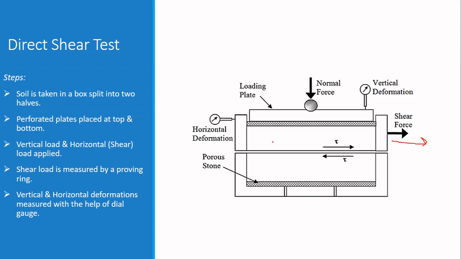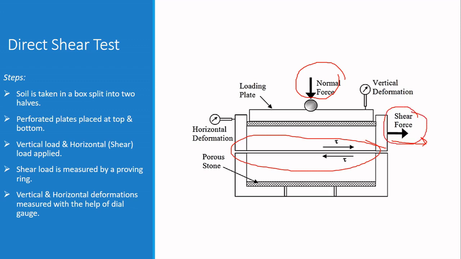So the contact area between the upper half and the lower half is constantly changing with time, and since the contact area is changing, the shear stress and the normal stress produced in the soil sample are also changing with time. But what we do is simply take the normal force at which the soil is failing and divide it by the original cross sectional area, which is actually wrong. Similarly, for shear stress, we measure the shear stress at which the soil has failed and take the original cross sectional area, so that is again wrong.